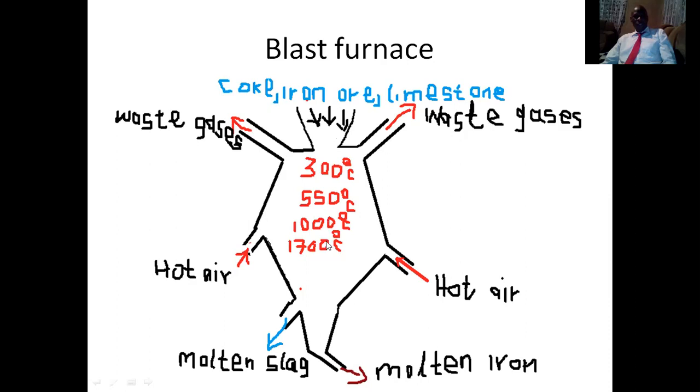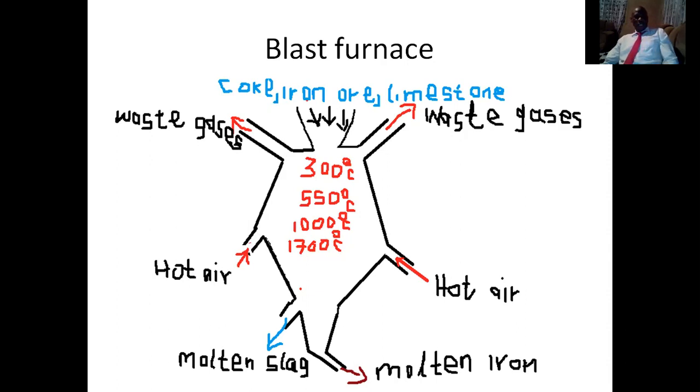When you pour it, it will come in contact with the hot air, which is injected through these pipes. This is known as blast hot air, and therefore we have the blast furnace.